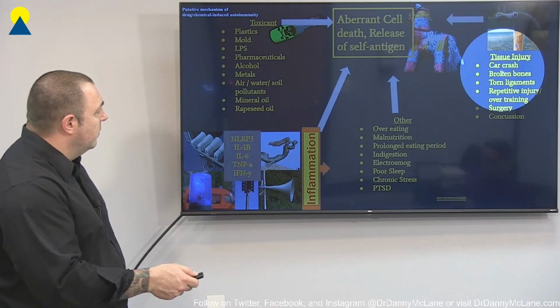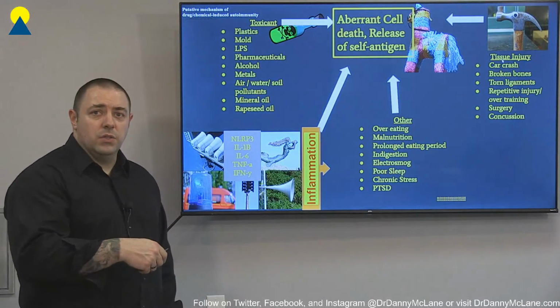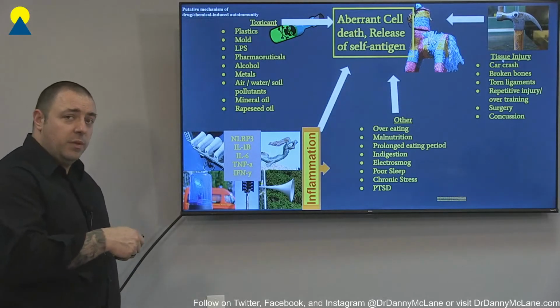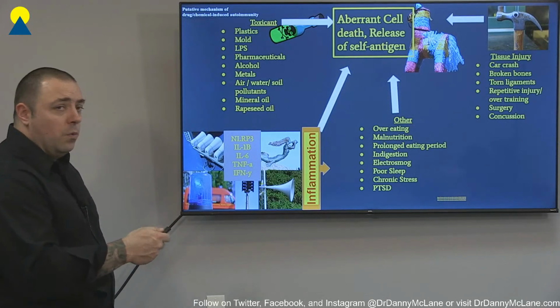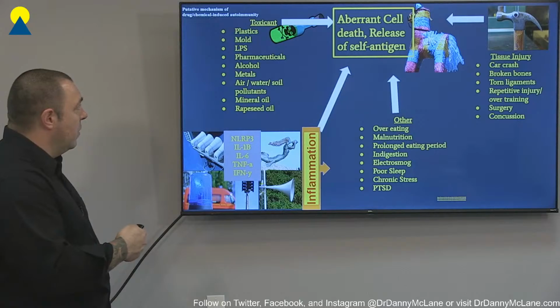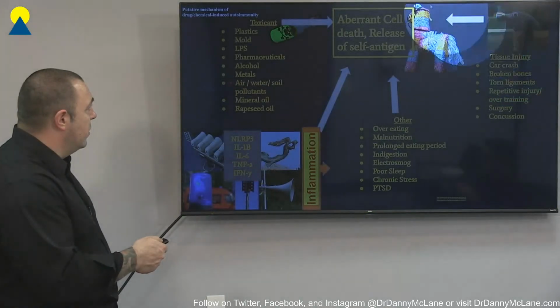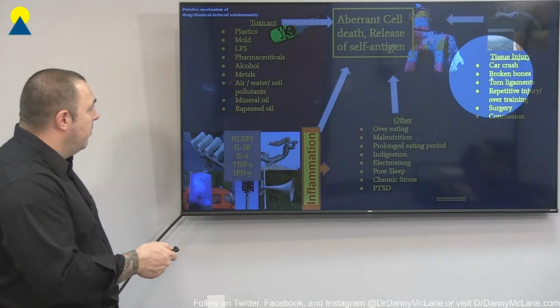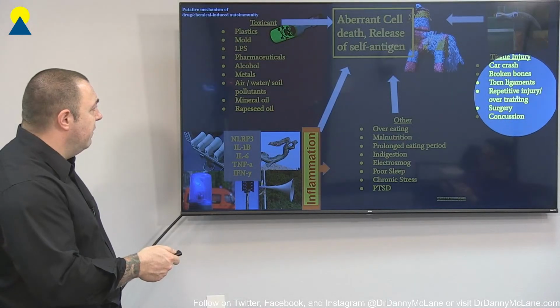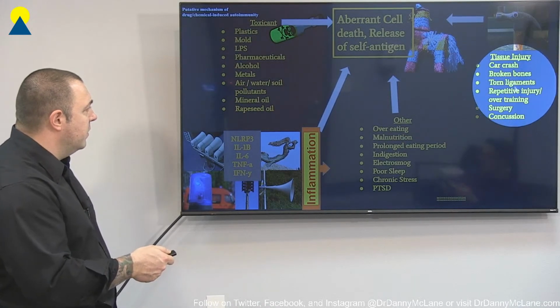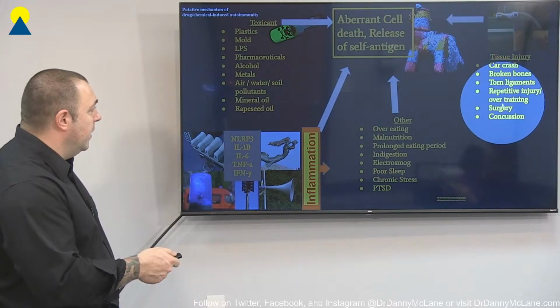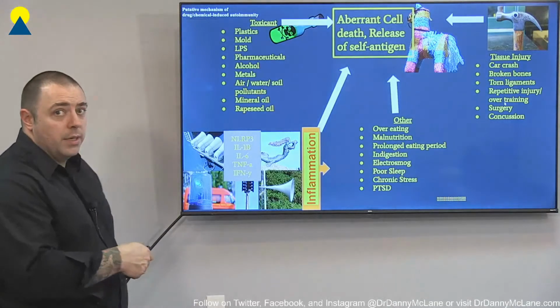Also, car crash. We have a talk on whiplash that is also available on the channel. You should definitely check that out if you've been involved in that. There's a whole bunch of problems that happen because of it, but it's all initiated with tissue injury, then aberrant cell death. Broken bones, torn ligaments, repetitive injury or overtraining. This is my marathoners and triathletes. Surgery. Surgery is a life-saving injury.